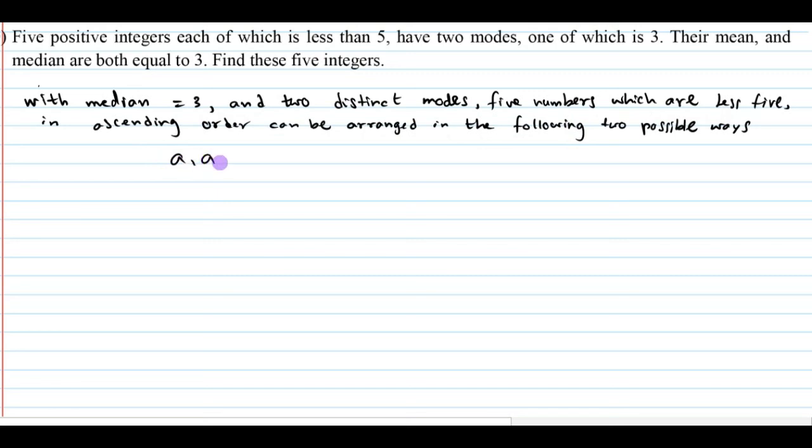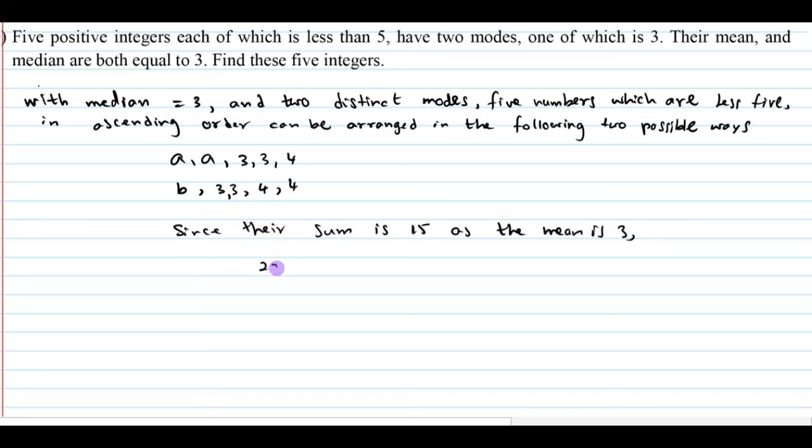A: a, a, 3, 3, 4. B: b, 3, 3, 4, 4. There are two possible ways. Since the sum is 15, as the mean is 3, 2a plus 10 is equal to 15.